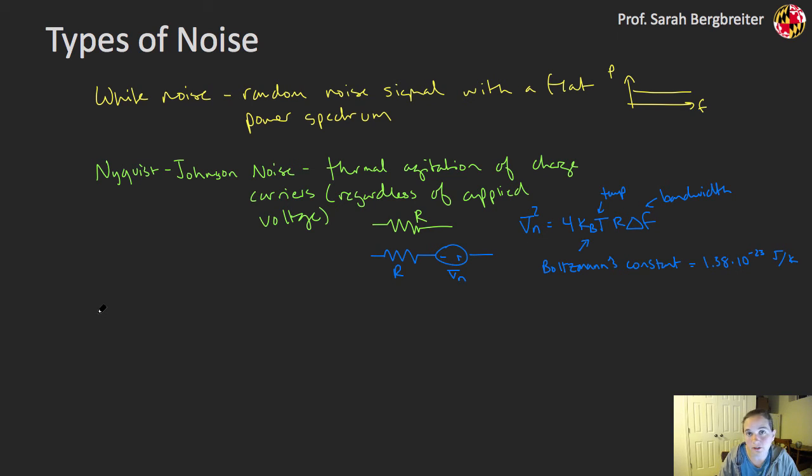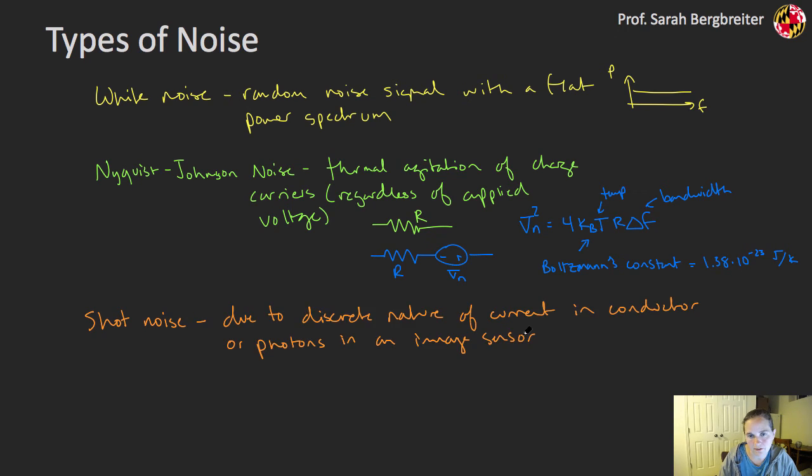Another particularly interesting noise source, and there are many more that I'm not going through, but this is interesting for sensors, is shot noise. This is due to the discrete nature of charge carriers, of current in a conductor, or of photons in an image sensor. So if you have a camera and there's some noise associated with that, some of that is going to be shot noise.